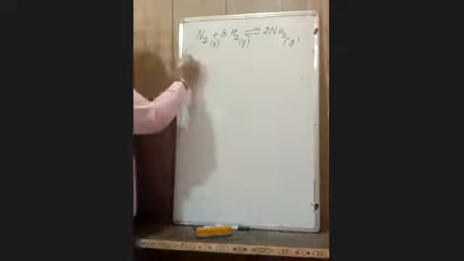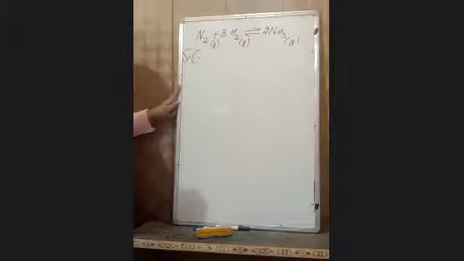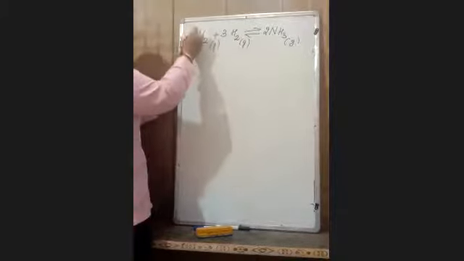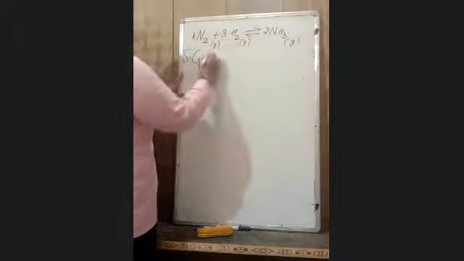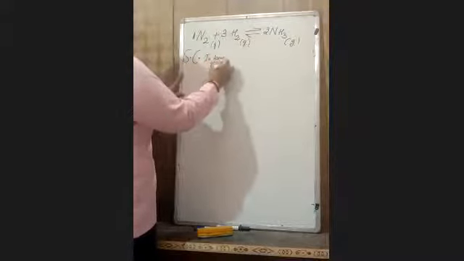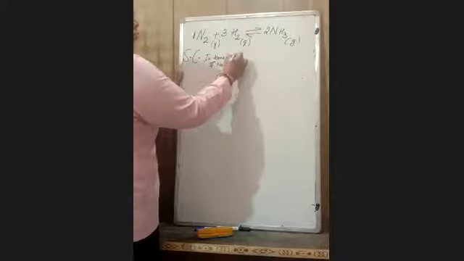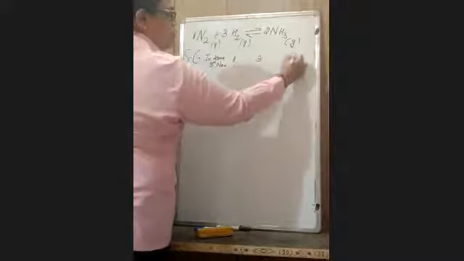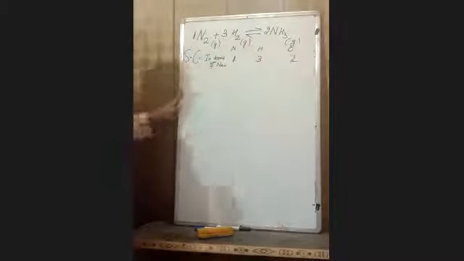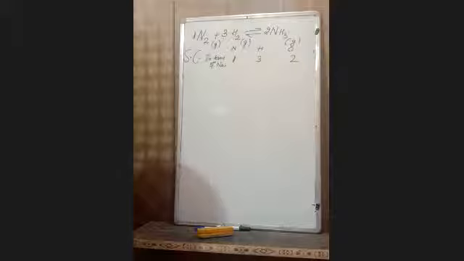First, stoichiometric coefficients in terms of number. Right? Here, 1, 3, 2. So in terms of number, the stoichiometric coefficient is 1, 3, 2, for nitrogen, hydrogen, ammonia.